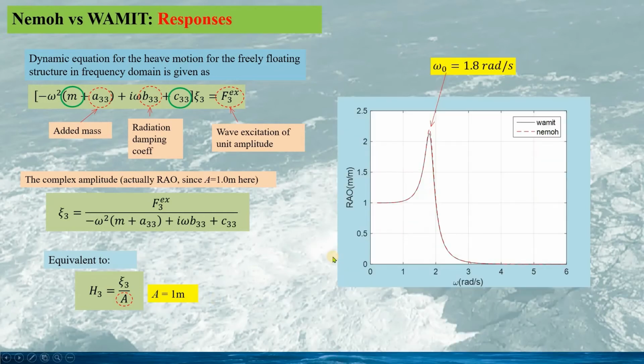So if we draw out the heave response for this truncated cylinder, we can see both WAMIT and Nemoh give very close results. The small difference can be seen only at the resonance frequency omega 0 equal to 1.8 radians per second. And the maximum response is about 2.2.